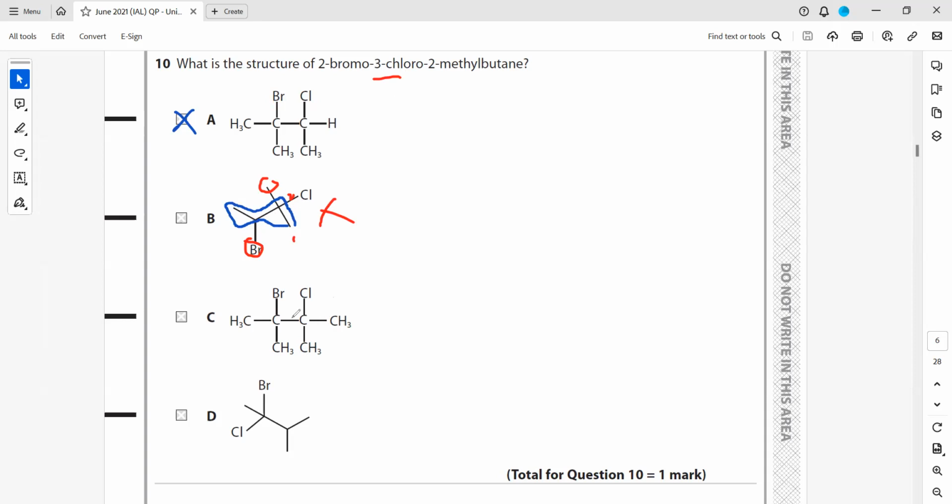Here, when we select 1, 2, 3, 4, we have two methyl groups as branches, but here we have only one methyl, so this cannot be. When we select 1, 2, 3, 4, the second position has chlorine and bromine, but we want chlorine at the third position. That's why this is not correct. So A is the right answer. Is it clear?